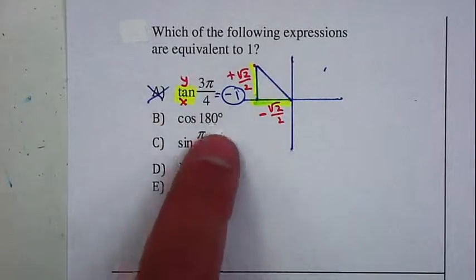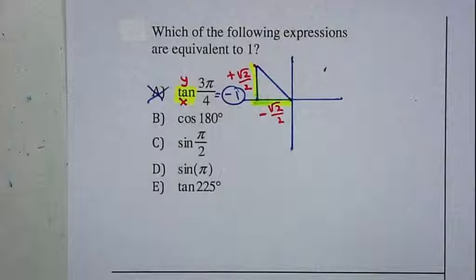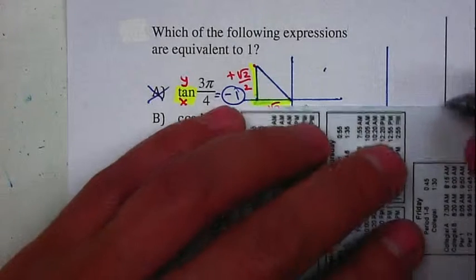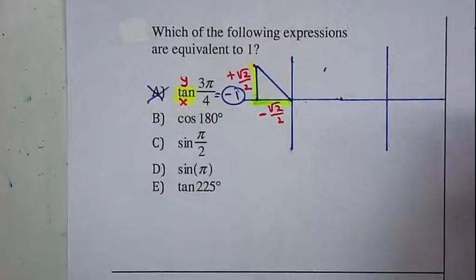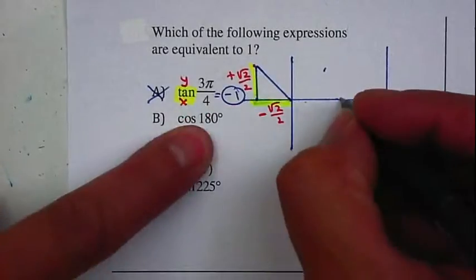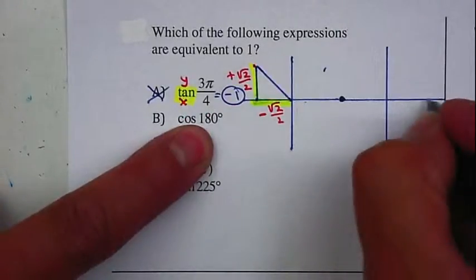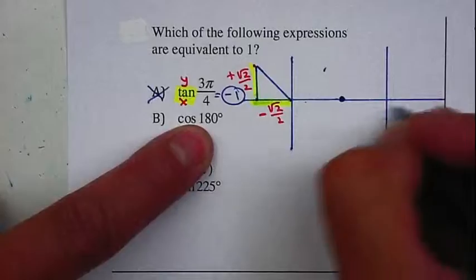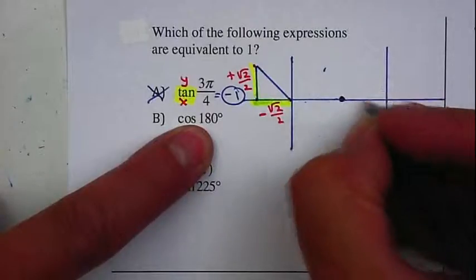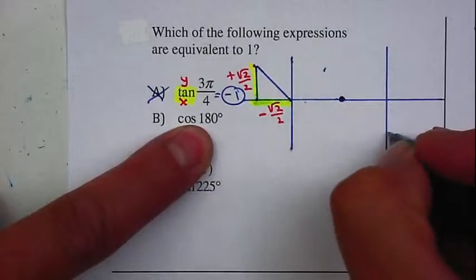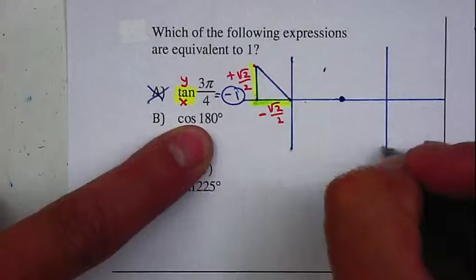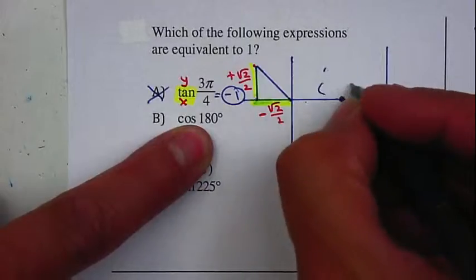Letter B, cosine of 180 degrees. I'm going to place my x and y axis for the letter B. 180 degrees is located here. Remember, all the way around will be 360, halfway there will be 180. And whenever it lands on any of the x or y axis, we want to think about the point where it's located.